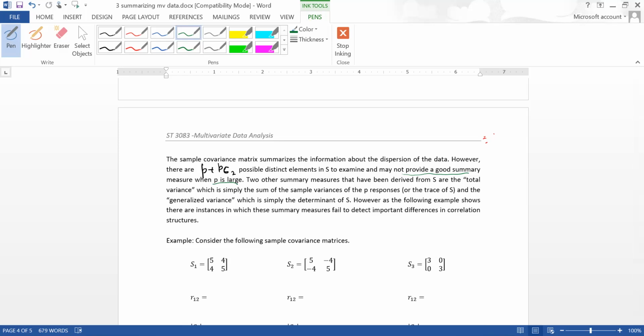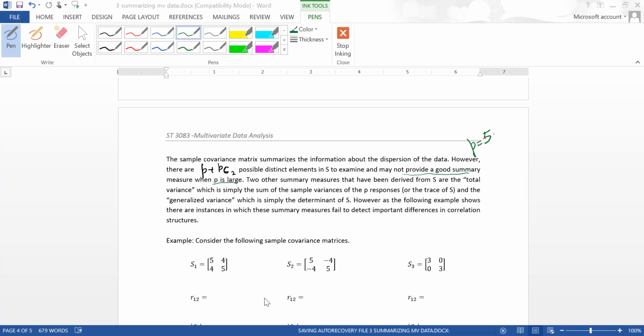As an example, suppose we have 5 responses. If we have 5 responses, how many distinct elements in S? When p equals 5, what's the number? p plus pC2. Yes, 15.